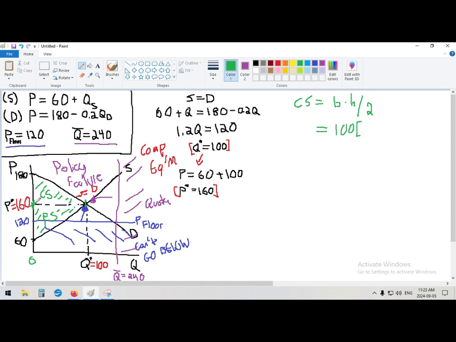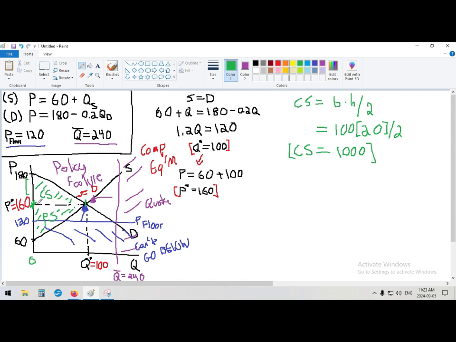And for the height, we're going from 180 to 160, so that's a gap of 20. And then divide by 2. So our consumer surplus here, the 2's will just cancel out, and we get 1,000. So that's that area up here.